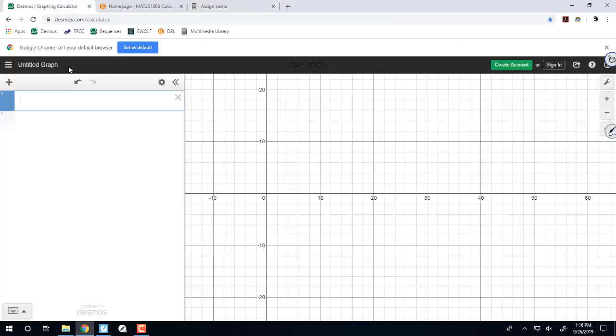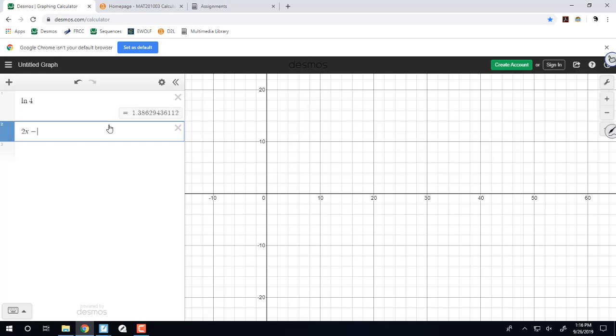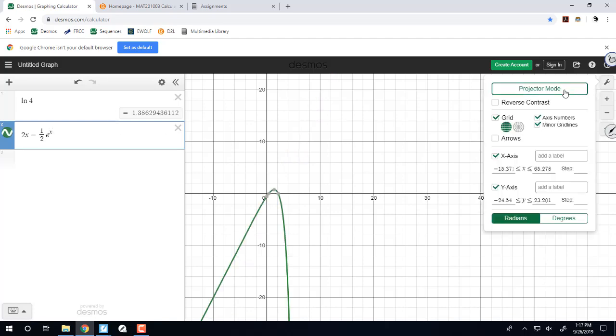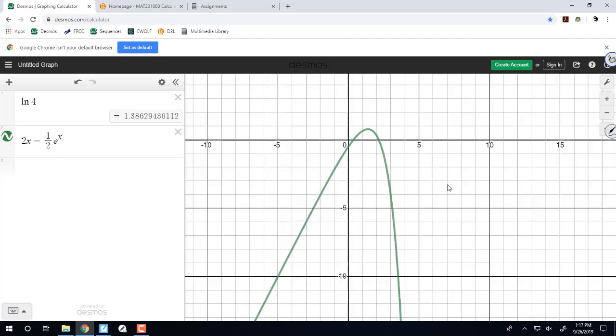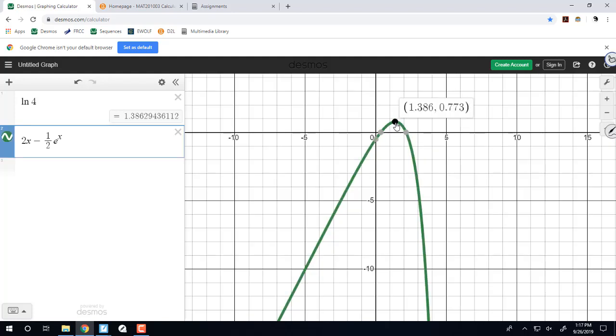So let's go ahead and graph that again. See what ln 4 is, about 1.386. So we'll have 2x minus 1/2 e to the x. See what the horizontal tangent is here. So we identified that location of x as 1.386 or ln 4, and then we get 2 ln 4 minus 2 for that, 0.773.